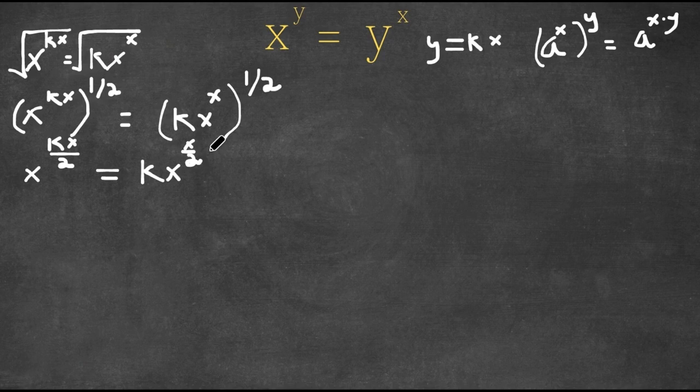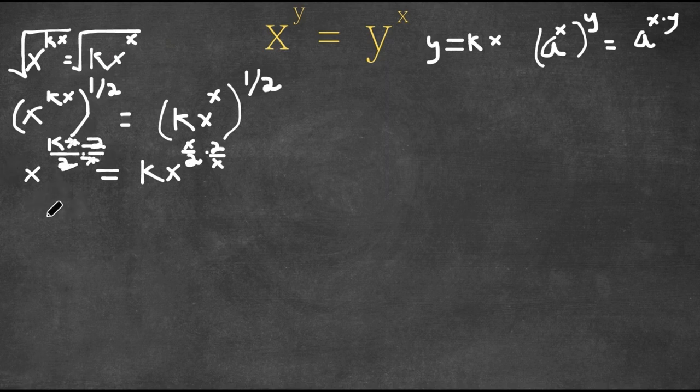Now what I'm going to do is raise both sides to the power of 2 over x. And that means that we multiply 2 over x to both exponents. Now for this, these two would cancel out and these x's would cancel out.